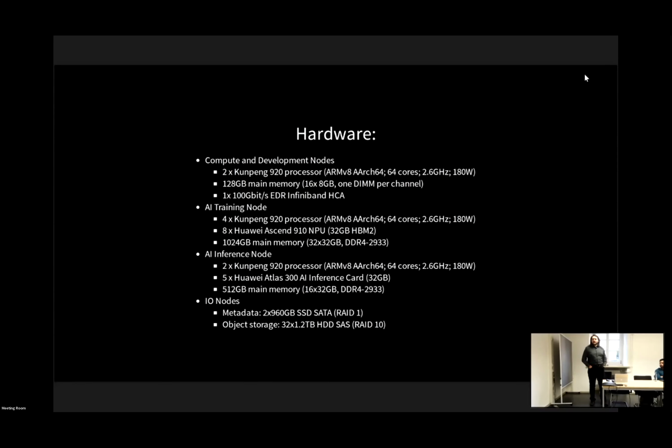Then there are the AI nodes. That's one AI training node, which has 4 KubeEdge 920 processors and 8 Ascent 910 NPUs, has 1 terabyte of memory, and there's only one of those nodes. And there's also only one AI inference node, which has 2 KubeEdge 920 processors and 5 Atlas 300 AI inference cards and 500 gigabytes of main memory.